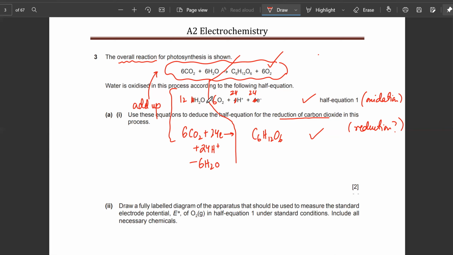That's the only way. To get from 12 water molecules, you can subtract 6 water molecules. So there must be minus 6 H2Os over here. And now if you add up the left-hand side, it should give you this. Is this clear?